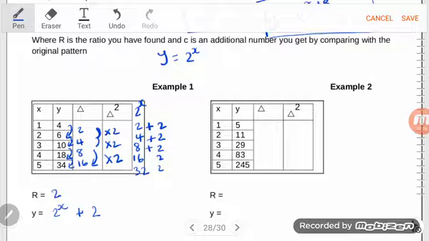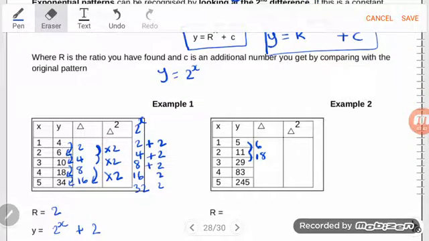So we've got 5 and 11 is 6, difference of 6. 11 and 29 is a difference of 18. Nope, sorry. Nope, yes it is, okay.